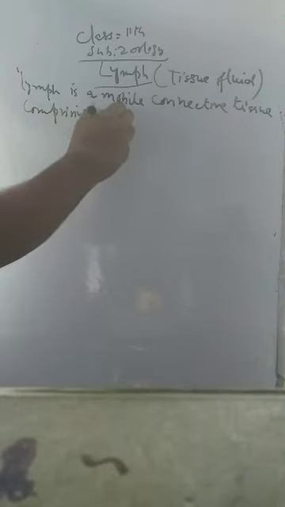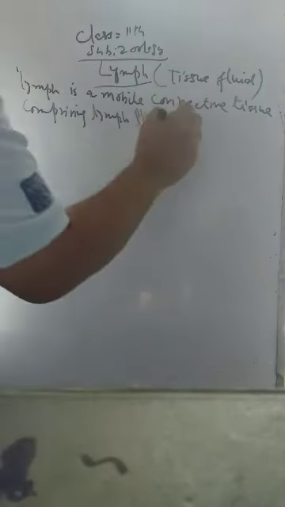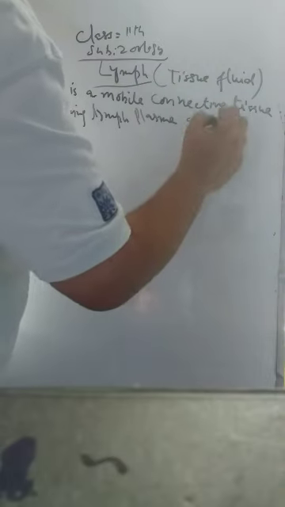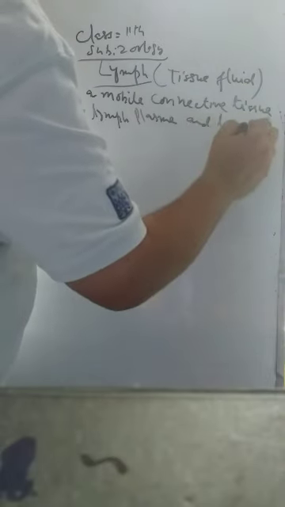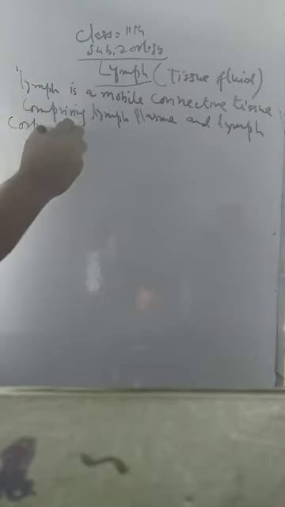Lymph is a mobile connective tissue comprising lymph plasma and lymph corpuscles, such as lymph cells.